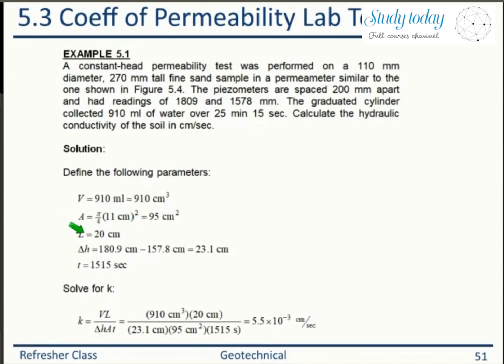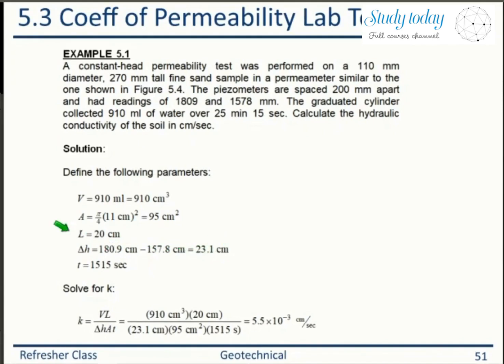L is the distance between the piezometers, not the height of the sample, but the distance between the piezometers. It was 200 millimeters apart, so L is 20 centimeters. The head readings were 1809 millimeters, that is 180.9 centimeters, minus 157.8 centimeters, which gives delta H equal to 23.1 centimeters.